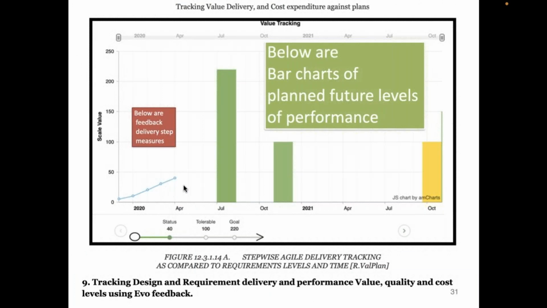Finally, I think here's another thing. Here, this is a chart from ValPlan. These bars here represent different objectives in future time. And as we get feedback from early steps, we plot them on the chart. So this is the past, this is probably right now. And we can see things like at this rate, we're never going to reach the July goal, which is about 5 times higher.